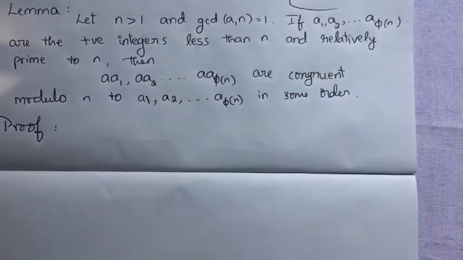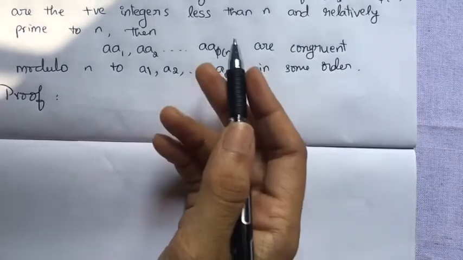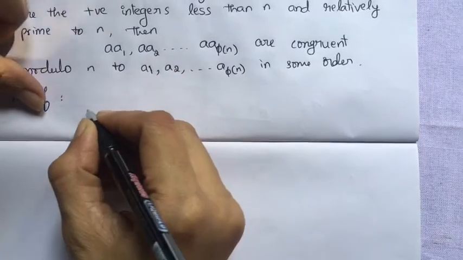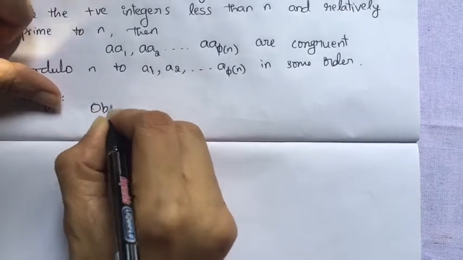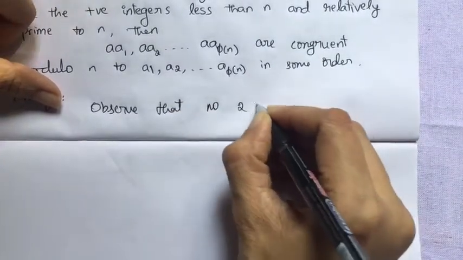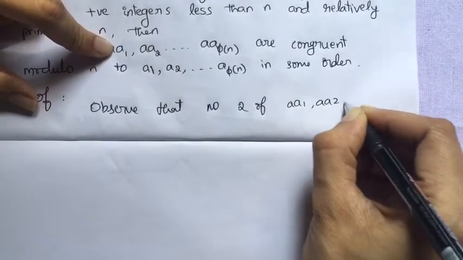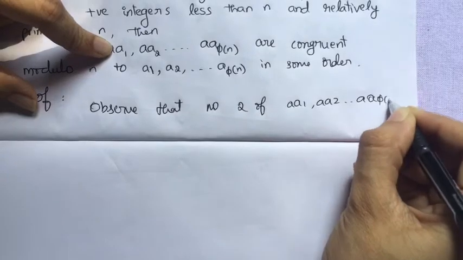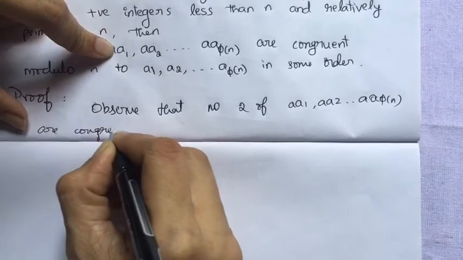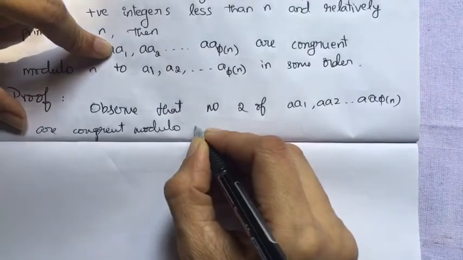Why? Because if some ai is congruent to aj modulo n, then what happens? Before that, let me write: no two of the integers a1, a2, up to a phi of n are congruent modulo n.